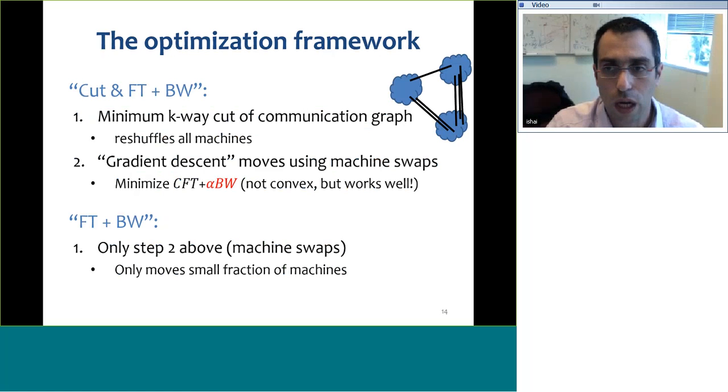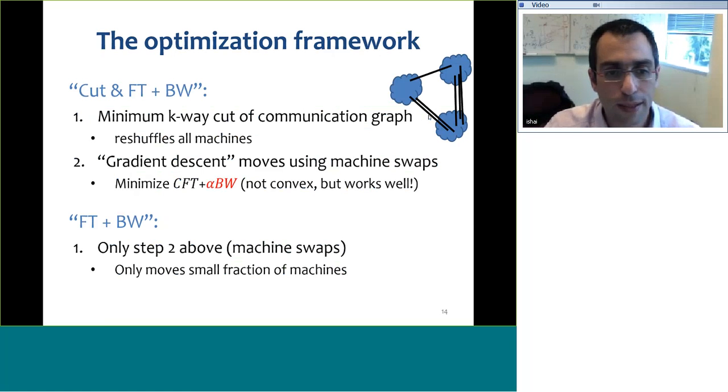Now, how do we deal with bandwidth? One approach, which is very expensive in terms of machine moves, is to do some kind of a cut procedure on the entire data center, on the communication graph, and pick the pieces that talk less to each other and put them in the same physical entity.